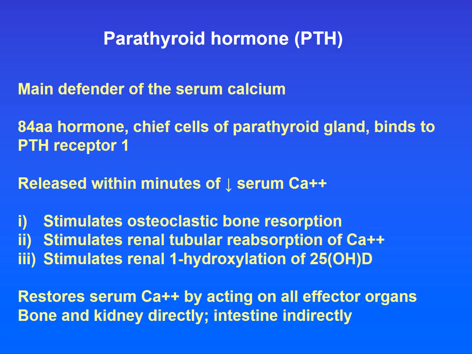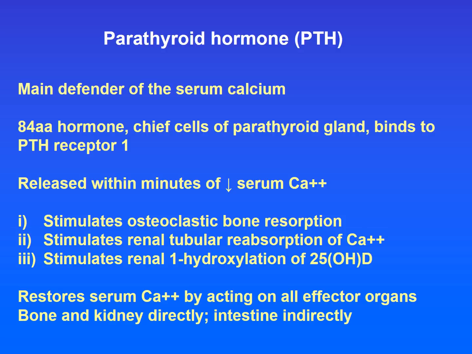It also acts at the level of the renal tubule to stimulate reabsorption of calcium that's been filtered at the glomerulus, again acting to restore the serum calcium. Those two effects kick in, particularly the renal effect, very quickly, the bone effect a little bit later, but within minutes to hours of release of parathyroid hormone.